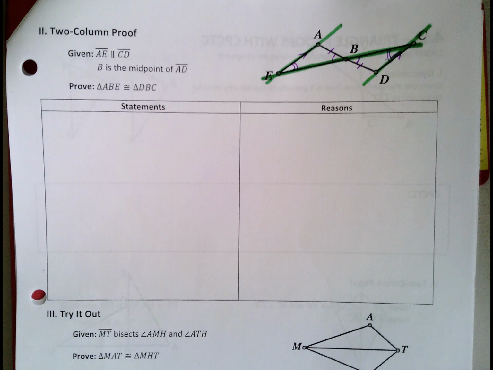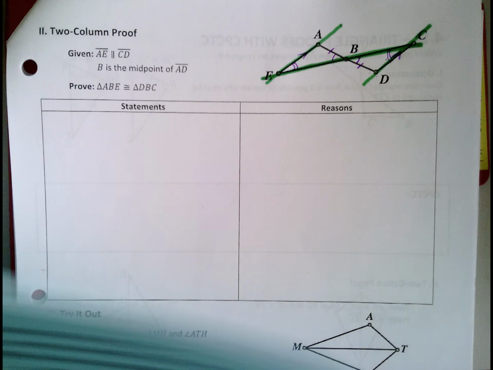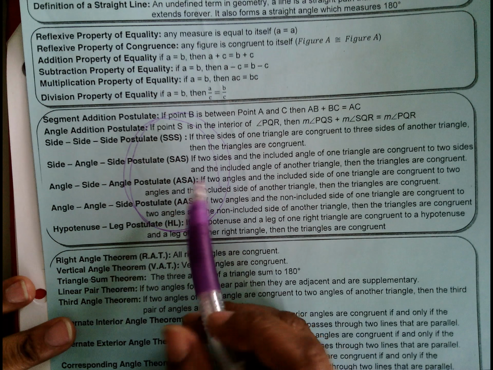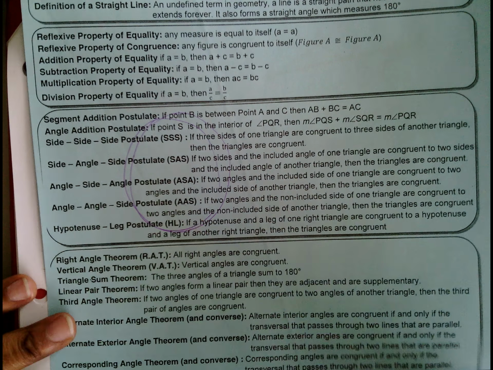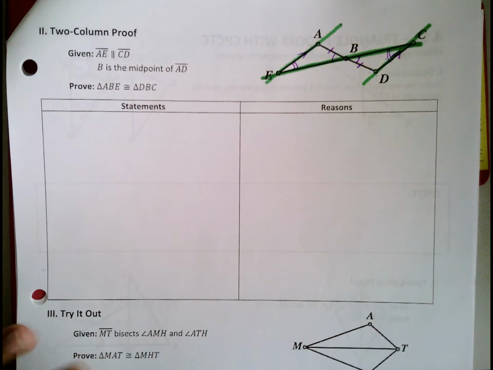Like I always say to you, once you mark up the figure, you will already have an idea of which of these you're going to be using to close your proof. And in this case, it's going to be that. So all you have to do is write all the stuff in between.